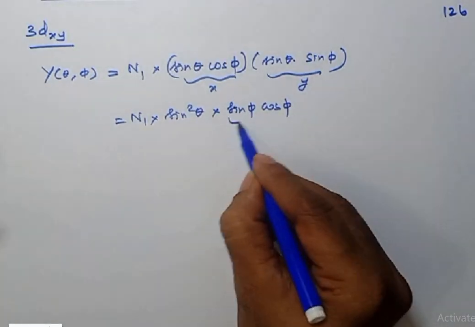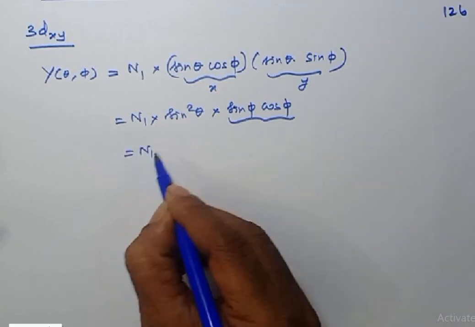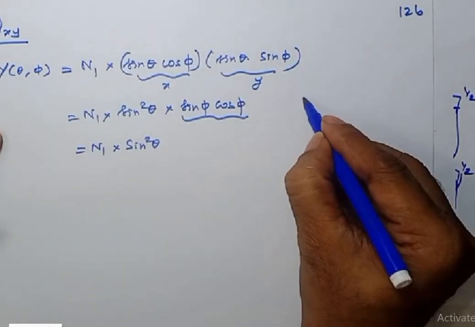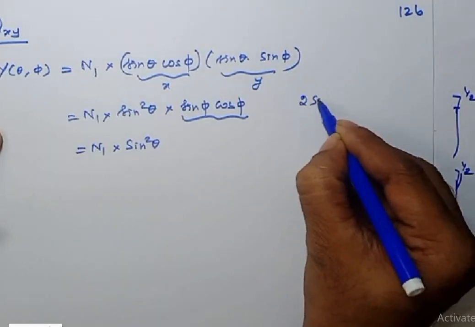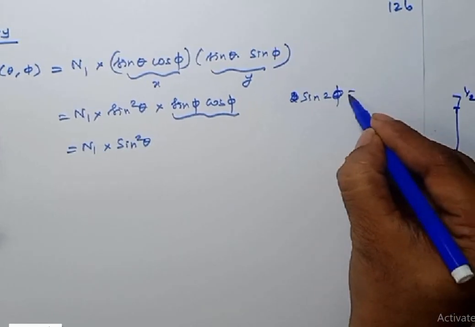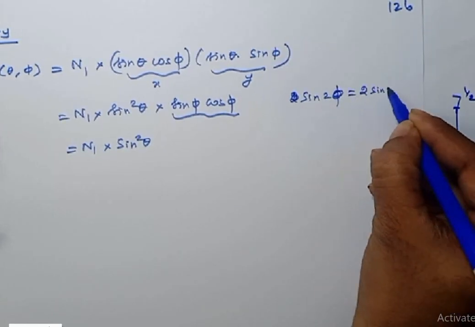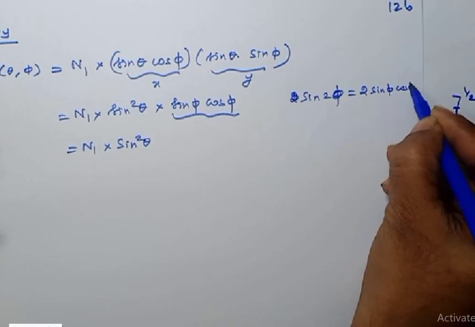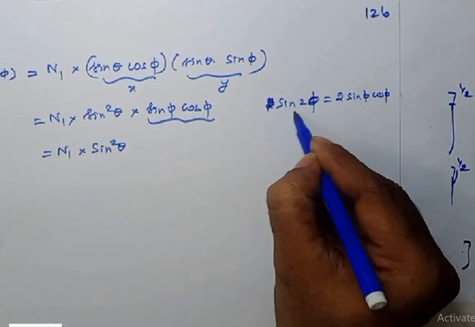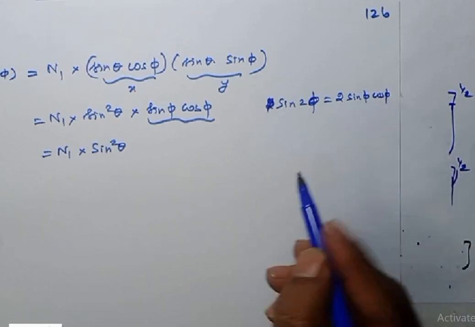You can combine these two and write this as n1 into sine square theta. See, we know very well sine 2 phi can be written as 2 into sine phi into cos phi.